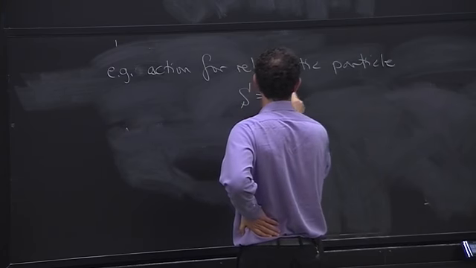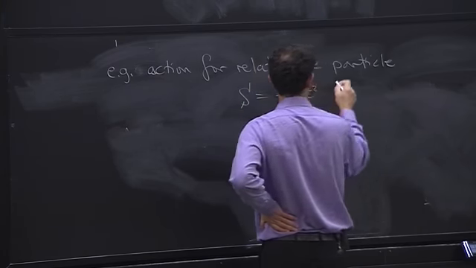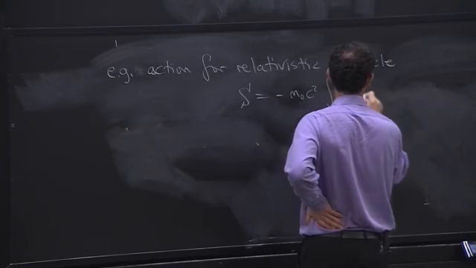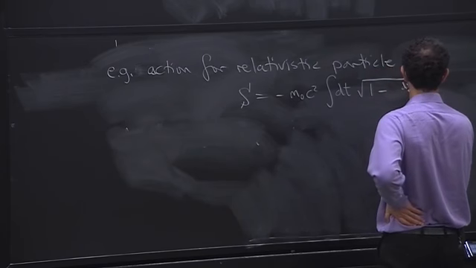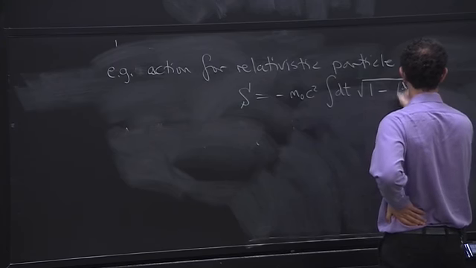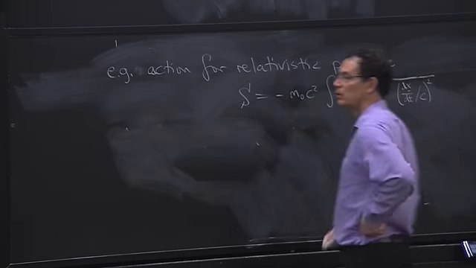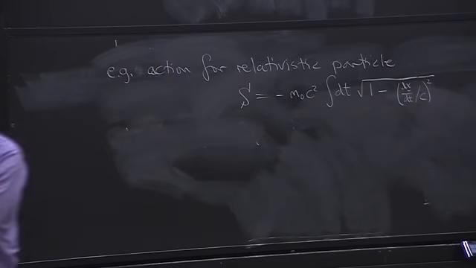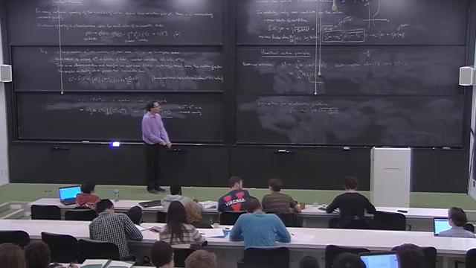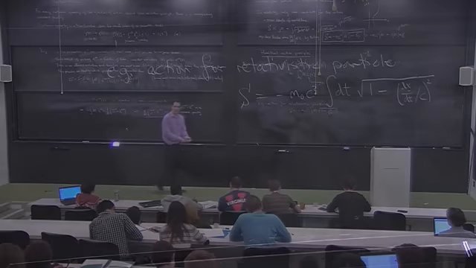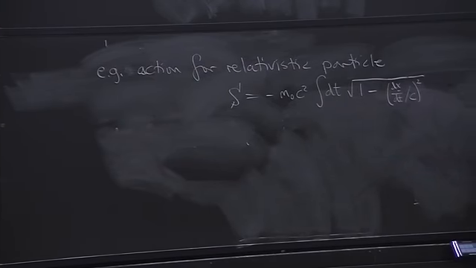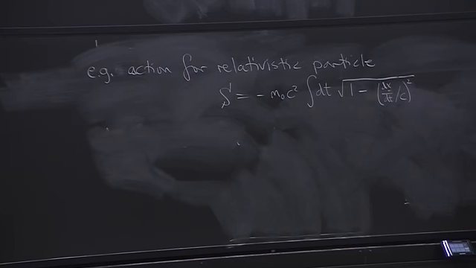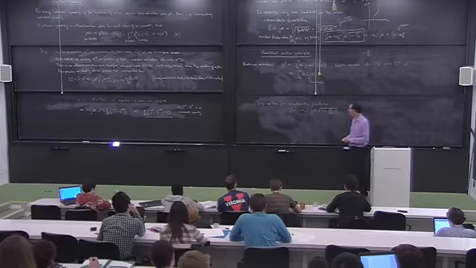S is minus m naught c squared integral dt square root of 1 minus (dx/dt over c) squared. I guess since we're short of time and I don't want to cut into your break, let me give you the answer. And we'll go through it next time.